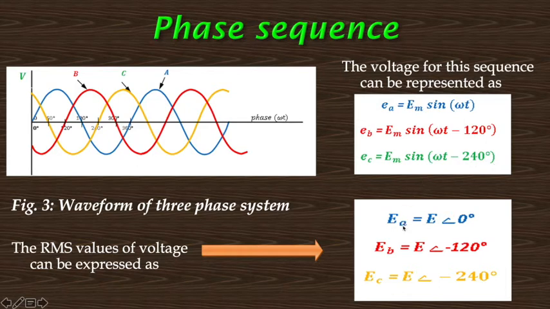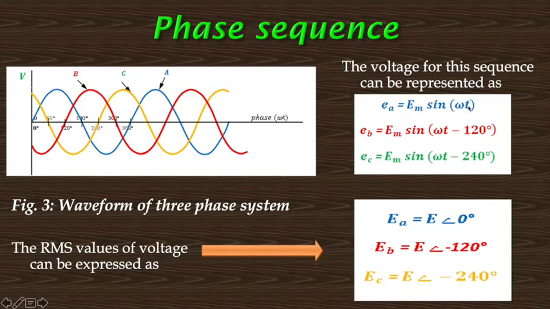That means the RMS voltages can be expressed as EA equal to E angle 0 degrees, EB equal to E angle minus 120 degrees, and EC equal to E angle minus 240 degrees.